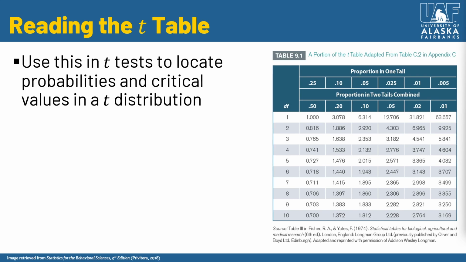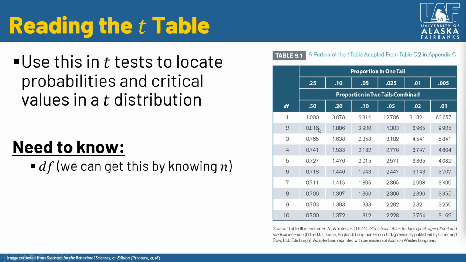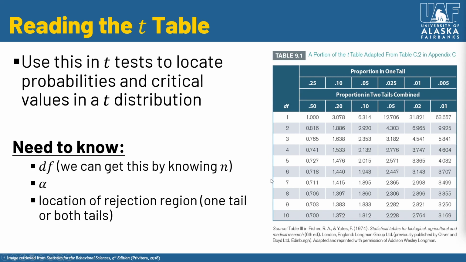The key difference here is that now we have proportional one-tail and proportionate two-tails combined, just reflecting the fact that we might use this for one-tail tests or two-tail tests, right? For directional or non-directional. And in order to use this, we need to know a few things. First, location of rejection region, one tail or both tails. Alpha, so what is our criteria, right?